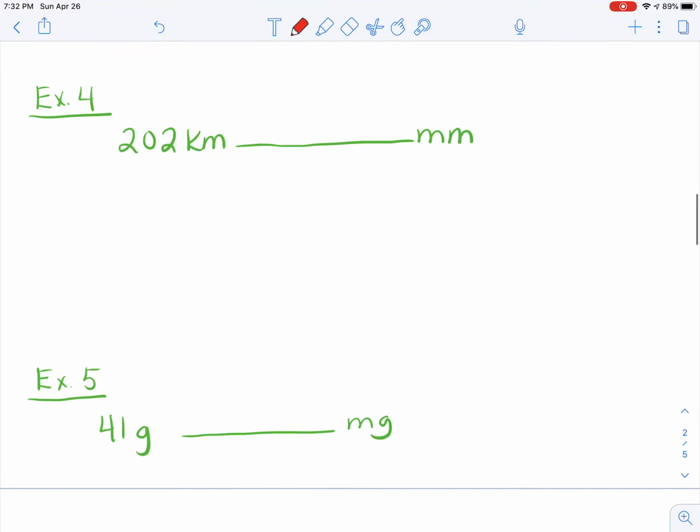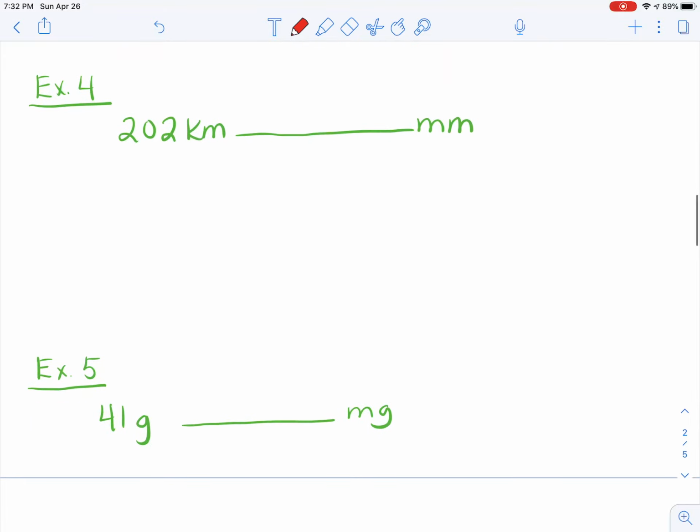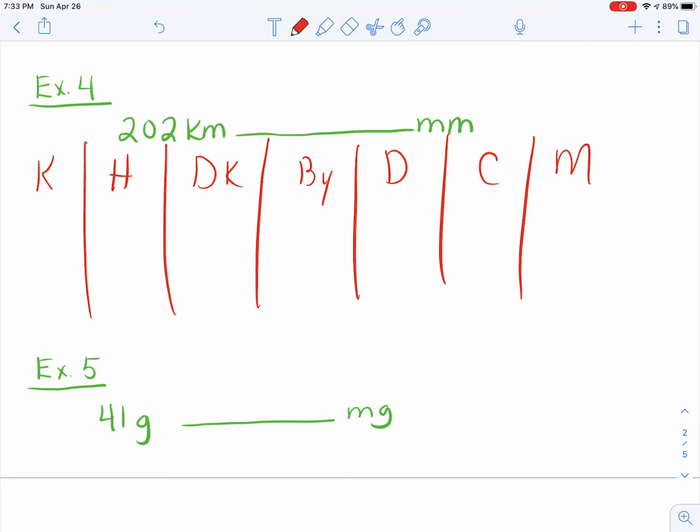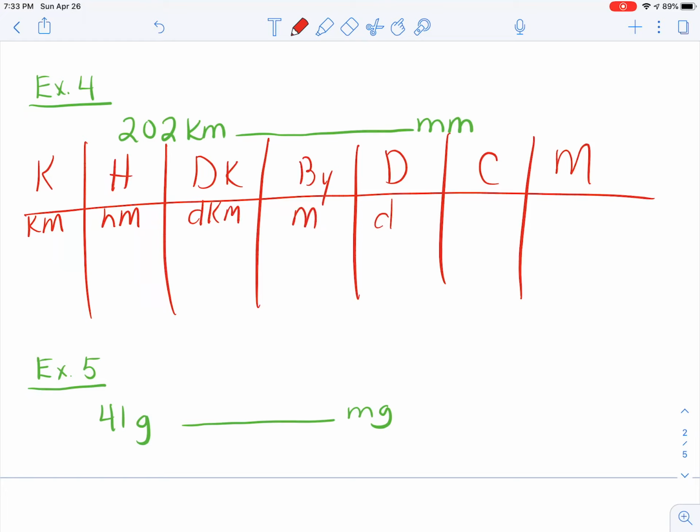All right, example 4. King Henry died by drinking chocolate milk. And see, the more I do this, the quicker it gets for me to be able to convert it. So I'm still dealing with meters, so it's kilometers, hectometers. Remember, deca has the dk. My base unit is meters, decimeters, centimeters, millimeters. So look, I'm starting at kilometers.